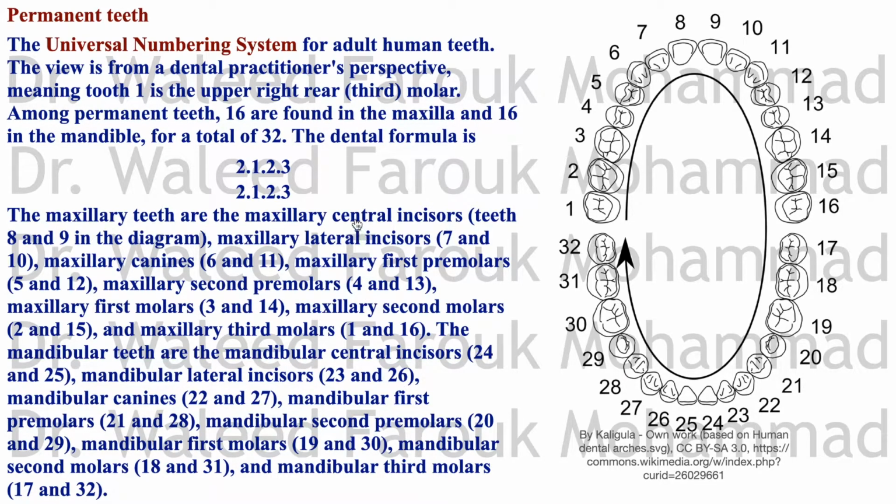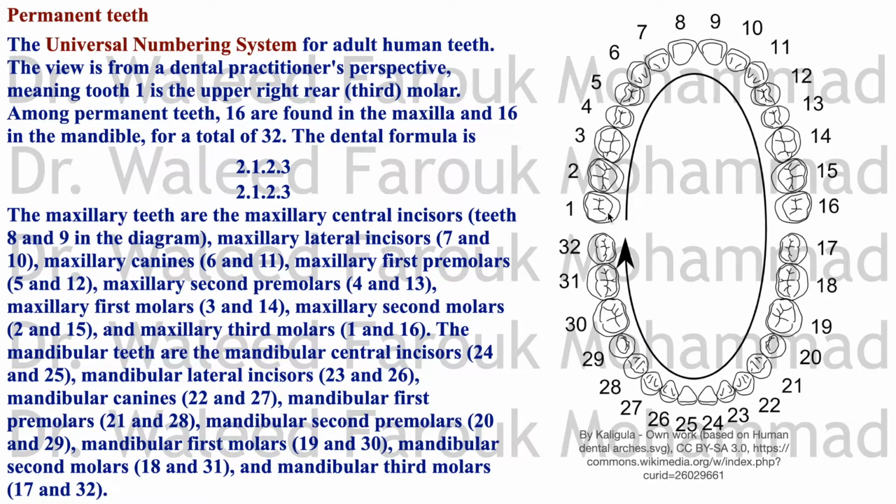Now, there's a system called the universal numbering system. It designates the teeth on a numbering basis from the dentist's perspective, the way he looks at the mouth.